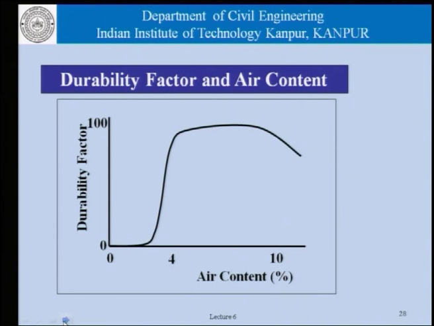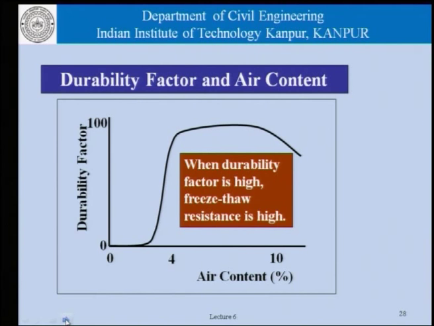This is another schematic representation of how we rate the durability factor and the air content. This really is the result of a lot of tests carried out with concretes in this range of air content, that is between 0 and say 1.5 to 3%, and concrete having air content of 4% to 5, 7, 8%, and there we see the performance as far as the durability factor is concerned, and this durability factor is a measure of the performance of concrete under cyclic freezing and thawing.